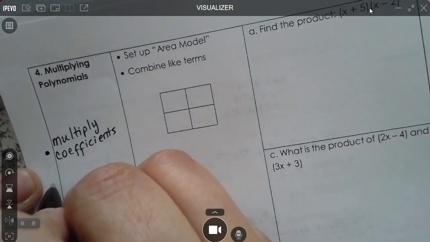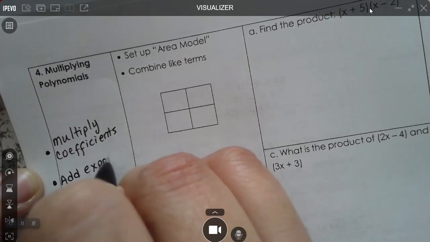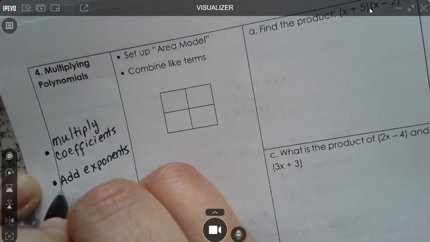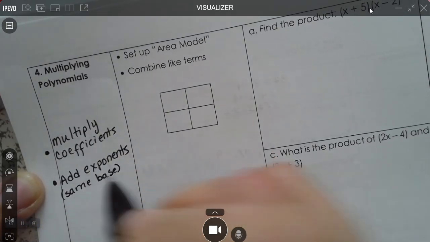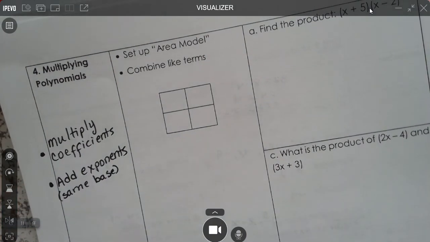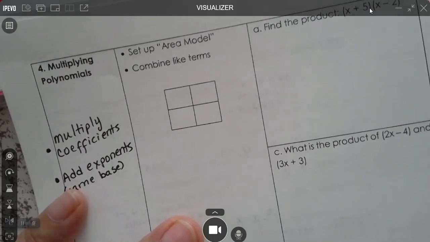Right? And we add exponents. Of course, in the same base, right? If it's the same variable, we add the exponents. We multiply the coefficients, we add the exponents when we're multiplying.